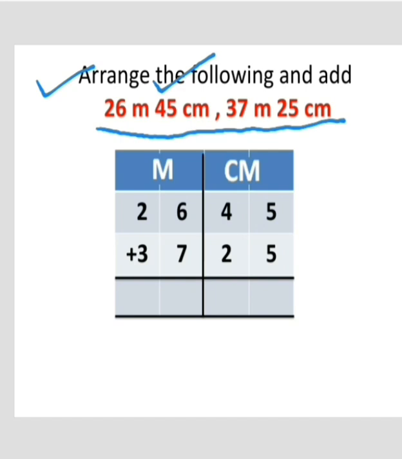So 26 will come in the meters column, children, and 45 will come in the centimeters column. Now children, we will arrange the next group of numbers, that is 37 meter, 25 centimeter. So 37 will come in the meters column and 25 will come in the centimeters column.